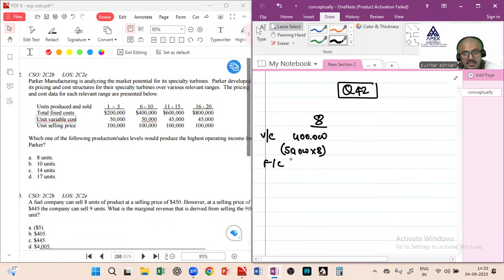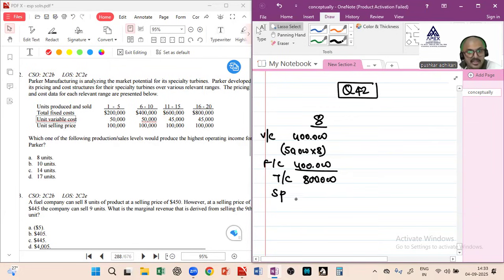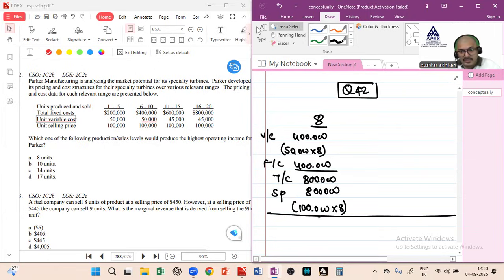What is the fixed cost? The fixed cost again is 4 lakhs. So your total cost is 8 lakhs. And the unit selling price is 1 lakh per unit, for 8 units, so the total selling price is 8 lakhs. So your profit is nil.